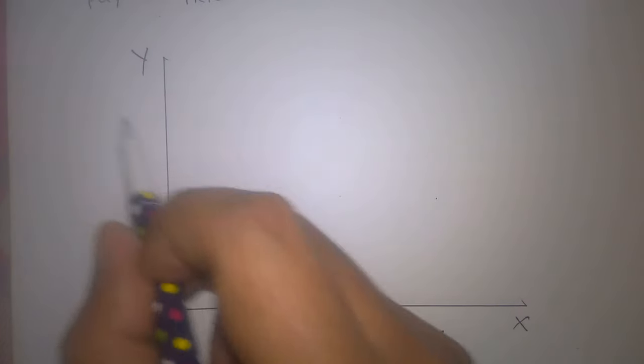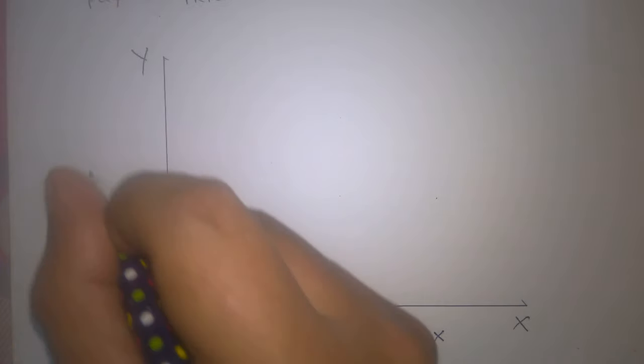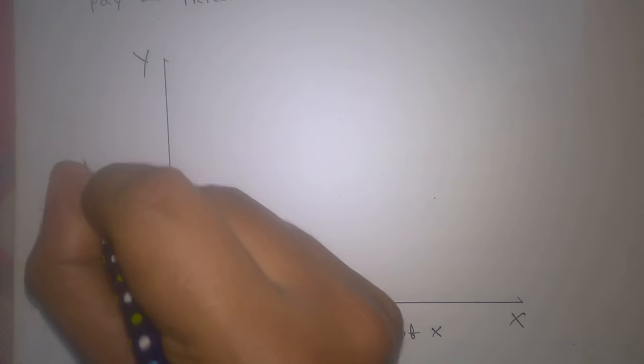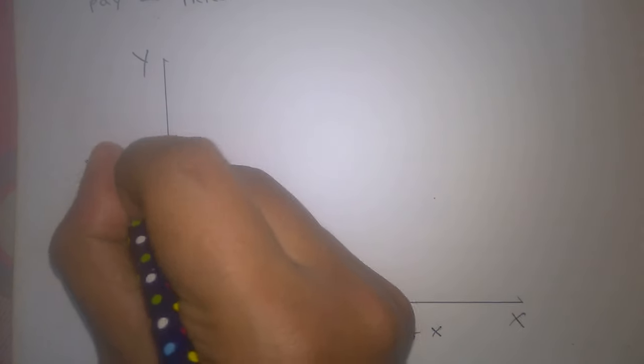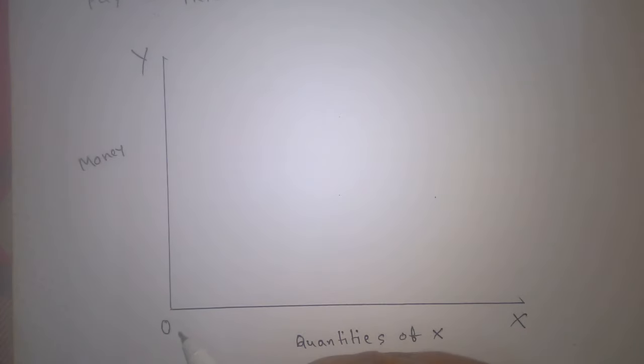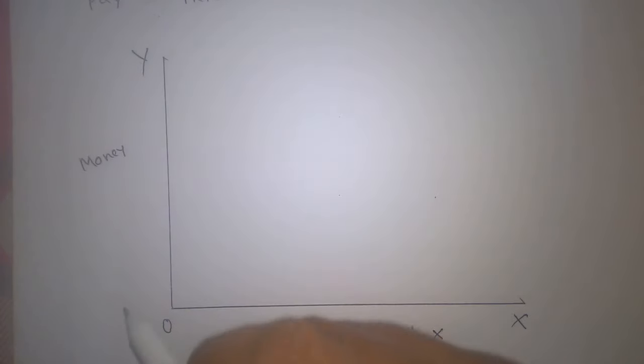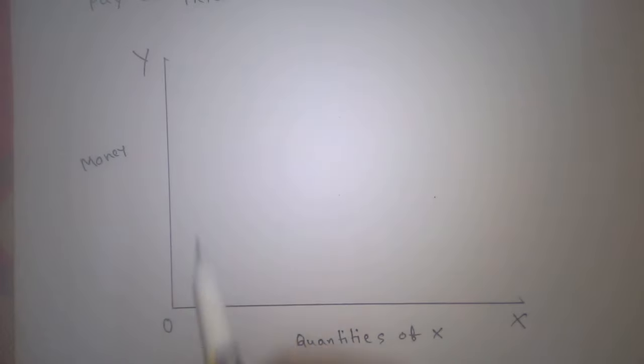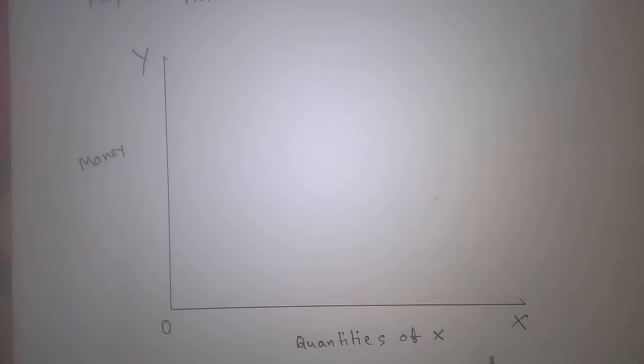Well, this axis stands for money, which means how much money you have. So this one is money and this axis is quantities of product X that you are planning to purchase.